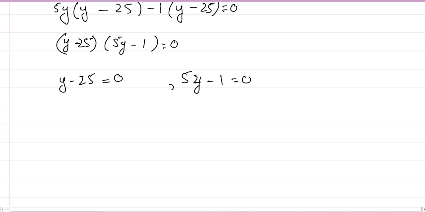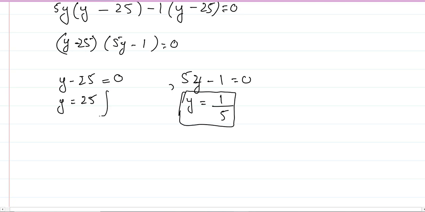So we have y minus 25, so y will be 25, and from here y will be equal to 1 over 5. So we have two values for y.